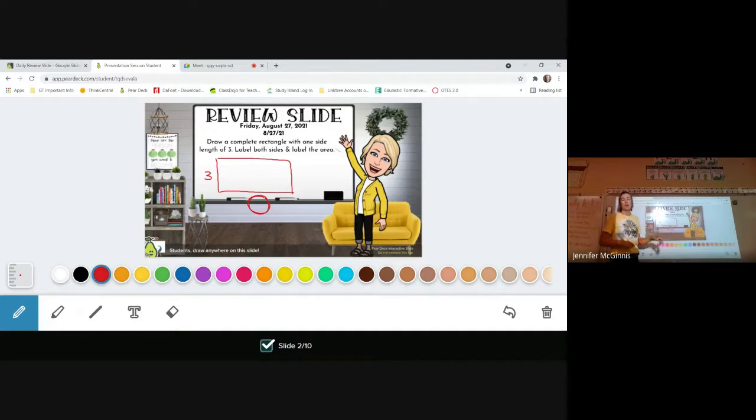No. Why not? Cora? This line is way longer than this, right? So it can't be a 1. Can it be a 2? No. Can it be a 3? No.